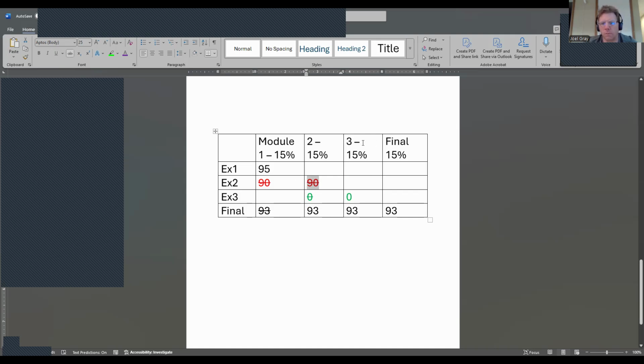Now, for module 3, there's only 2 grades, so only the lowest one will be dropped, and that in this case would be a 0. So in this case, this person took their final exam and that helped them out considerably. It brought them from having a 0 for 15% of the grade to a 93.